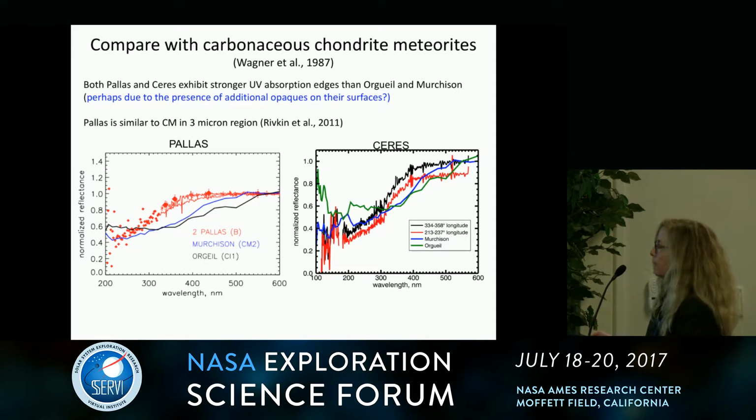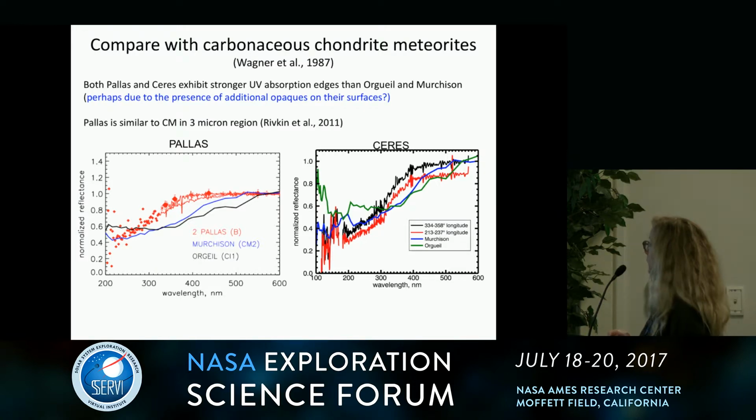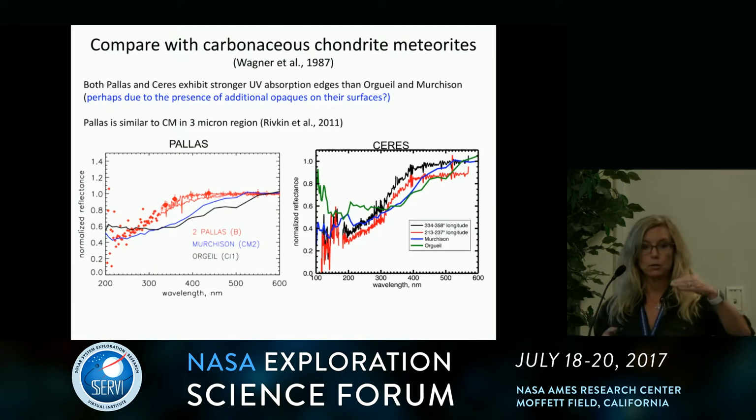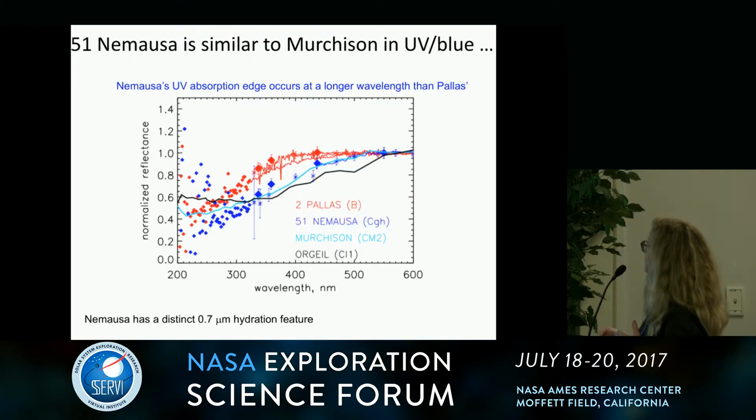And we are attributing this to perhaps the presence of additional opaques on the surfaces of the asteroids, which could be weathering products. So they might mute the absorption down to a shorter wavelength.